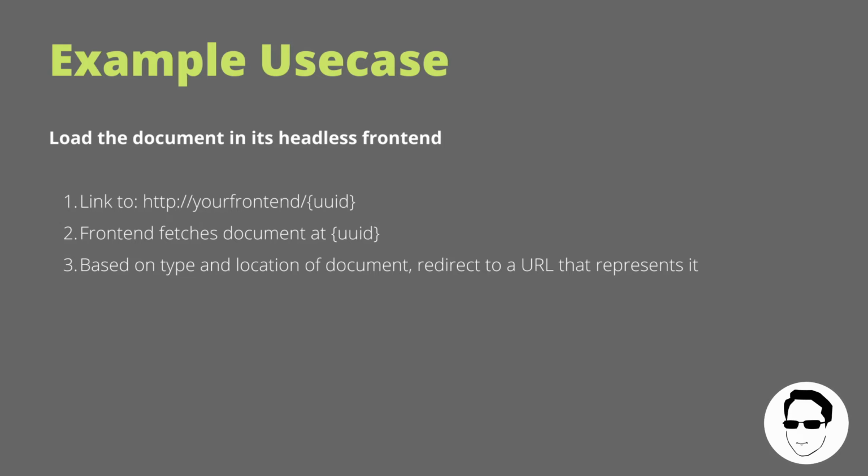Oftentimes when you're building a front end that uses the Bloomreach repository, the relationship between the CMS and the front end that uses the APIs to retrieve content is kind of implicit. And so the CMS doesn't necessarily know where the document is being used because it's all living externally.